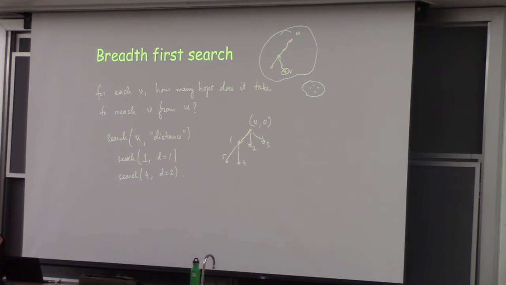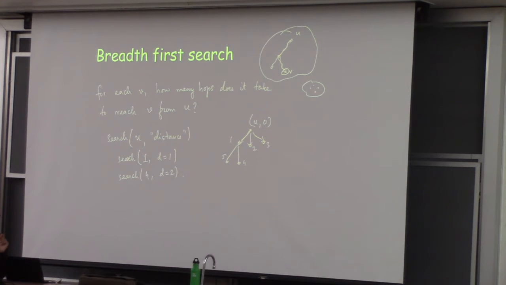In the algorithm that we just saw, we were always just first recursing on one vertex. Would there be a problem if you are sending distance? Yeah, exactly.